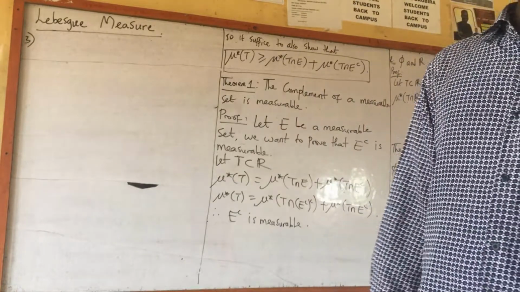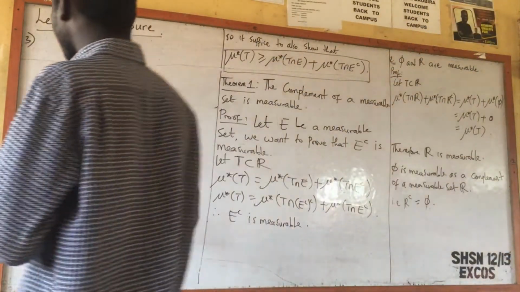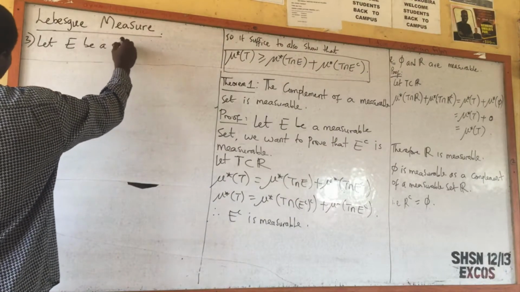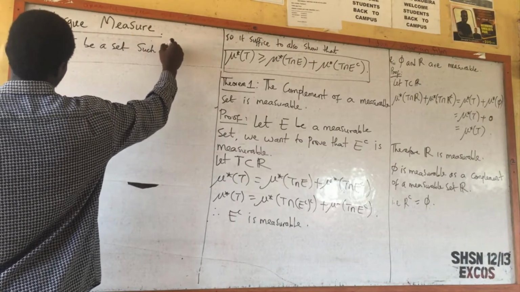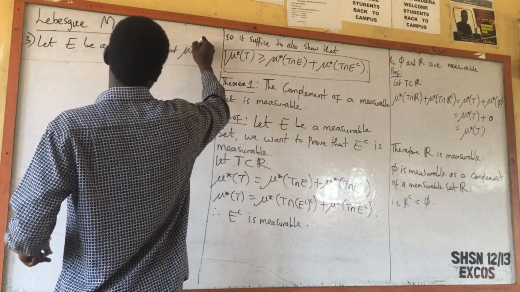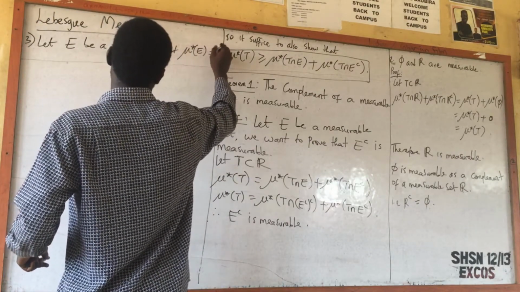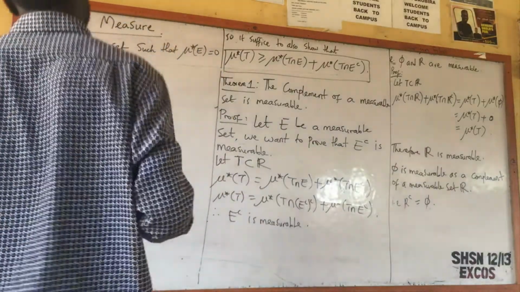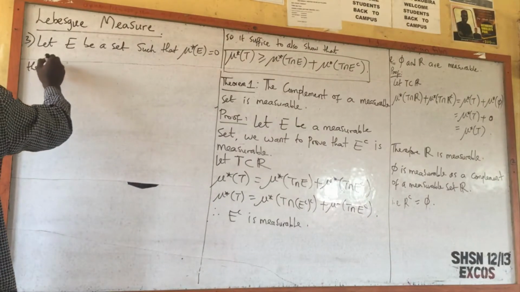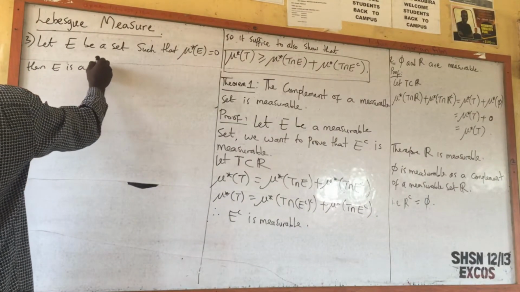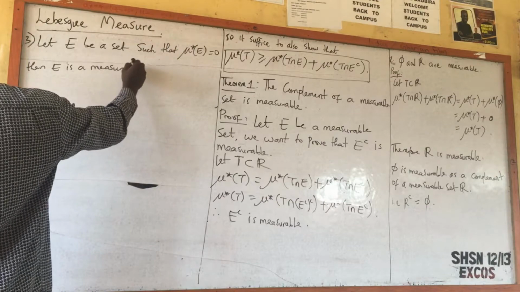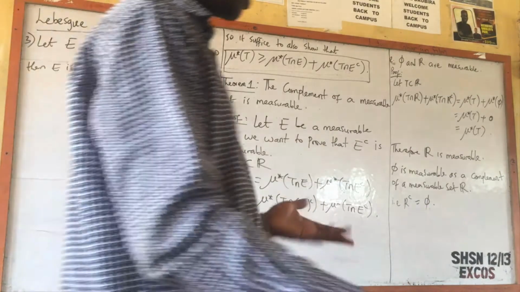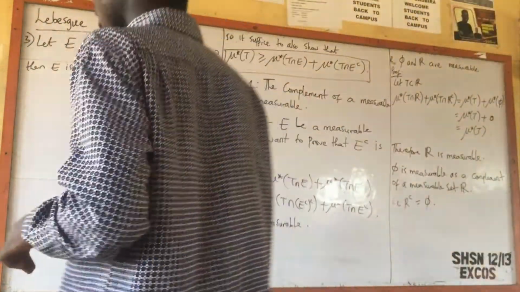Let E be a set so that the outer measure of E is 0. Then E is a measurable set.